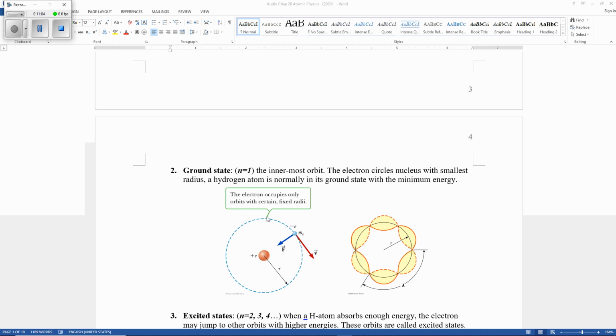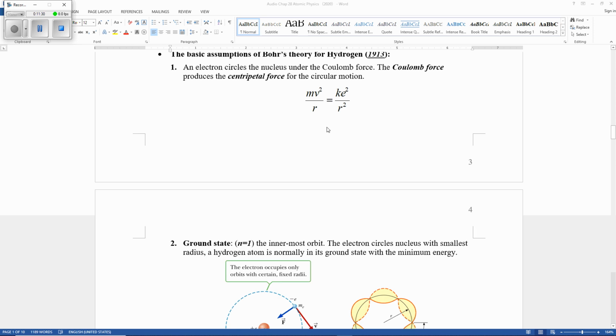We have circular motion. So circular motion requires what? Centripetal force. And between the positive charge proton and the negative charge electron, they have an electrical force. These two forces must balance each other, so the centripetal force must equal the electrical force. That's the starting point.